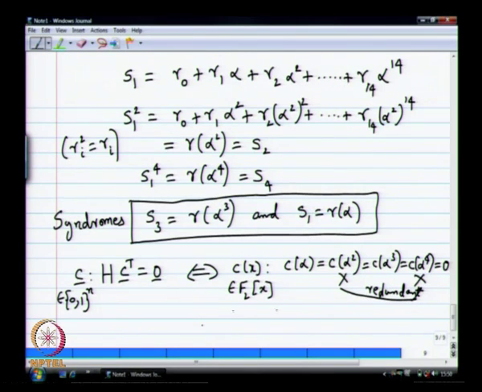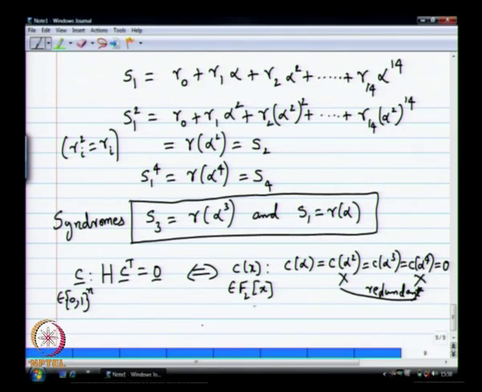Since C of x is a binary polynomial, if I have C of alpha being 0, then C of alpha square is also 0, and C of alpha power 4 is also 0. Those are conjugates. It is going to bring with it all its conjugates as roots, because C of x is a binary polynomial.